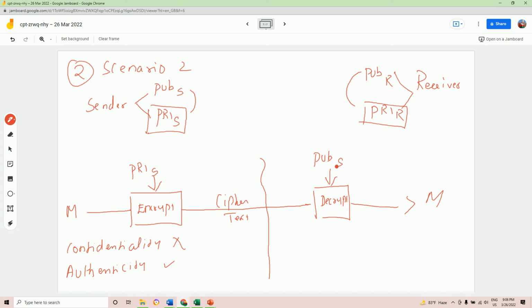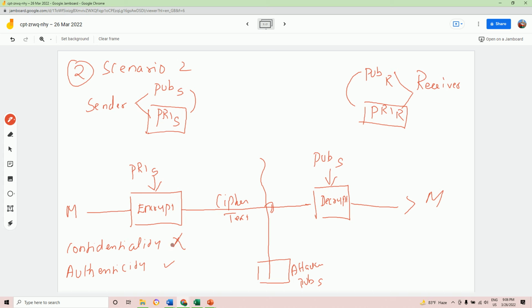This public key of the sender, I already told you, can even be with the attacker, because anybody can have the public key. The attacker also has the public key of the sender. So he can capture the packet, decrypt it and see the plain text.